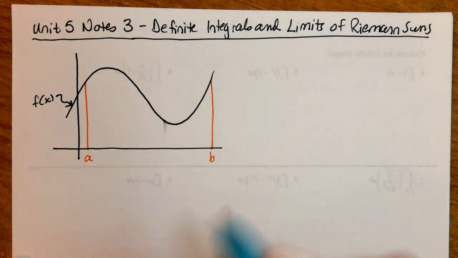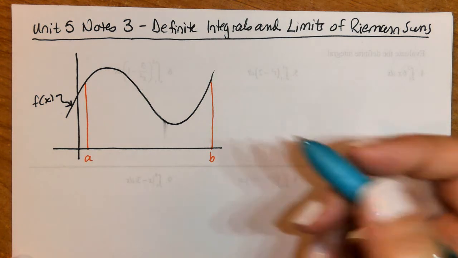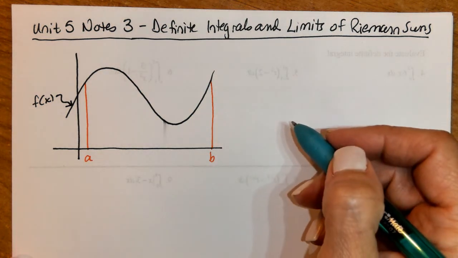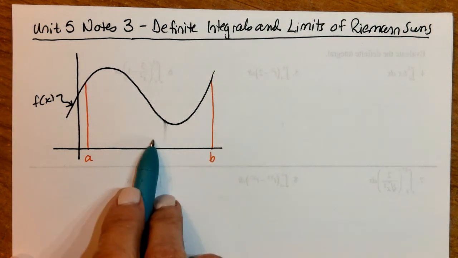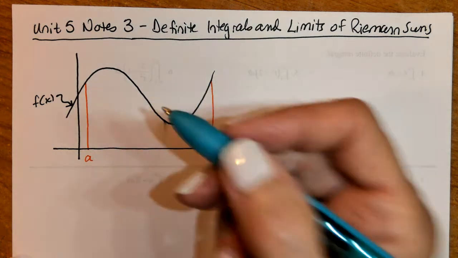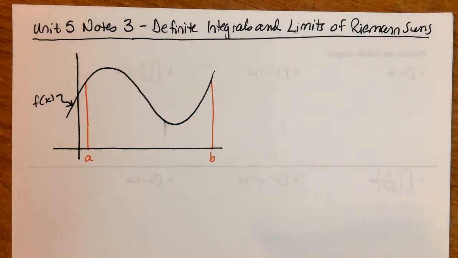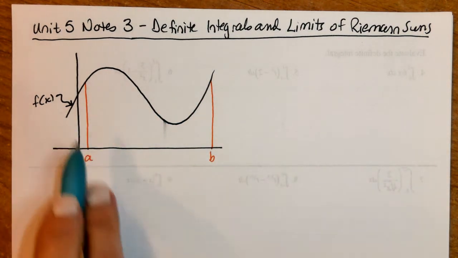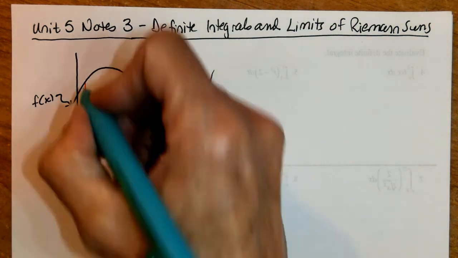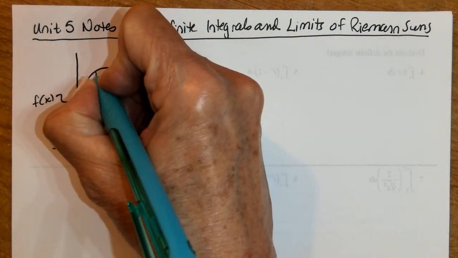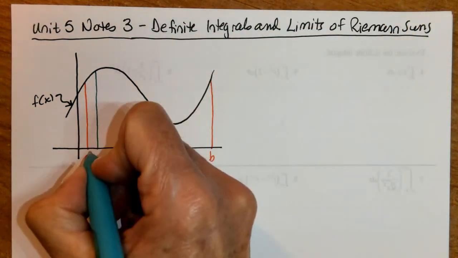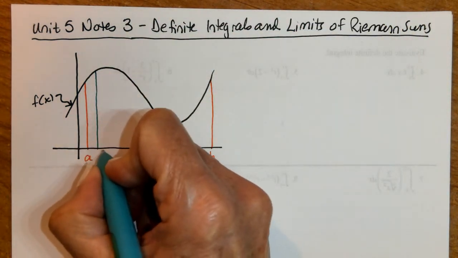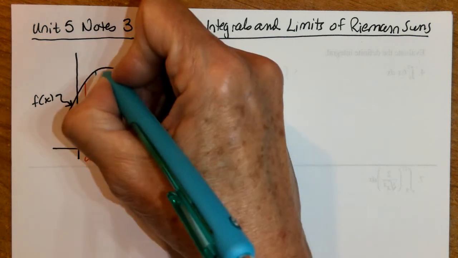So let's consider a right Riemann sum. And we're using a right Riemann sum to approximate the area under this curve, right? So we're still approximating this integral from a to b of f of x dx. I'm going to use rectangles, and I'm going to try to make each of my base lengths the same.